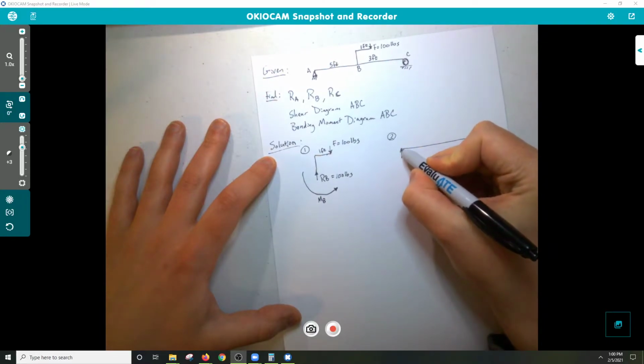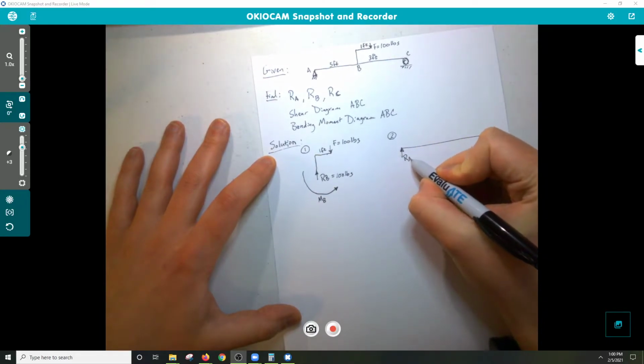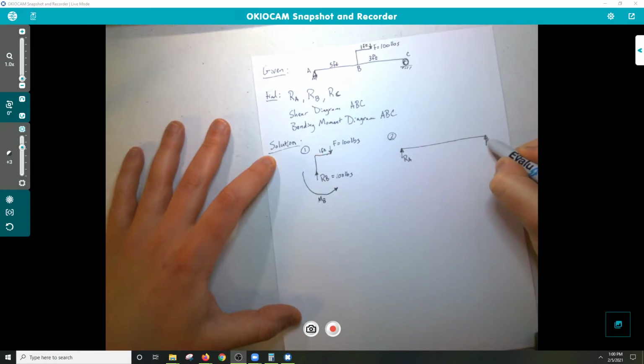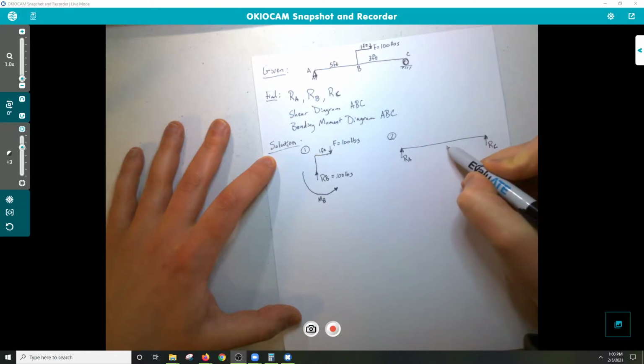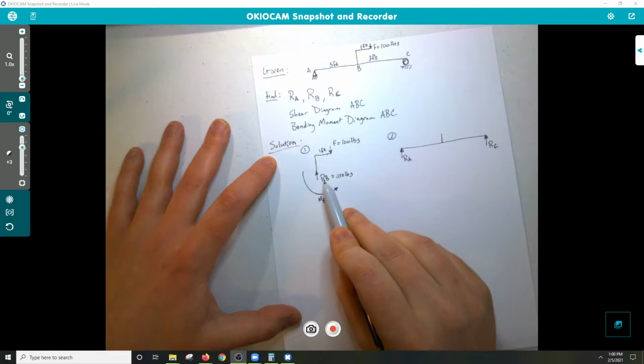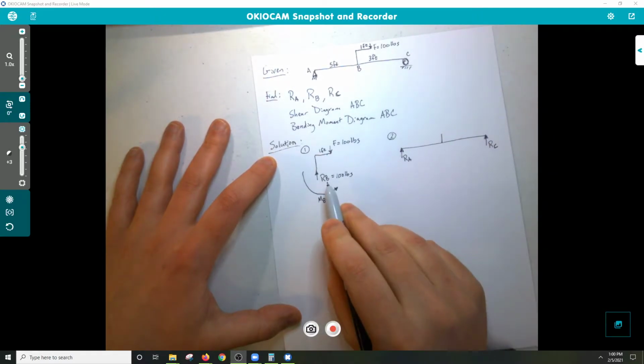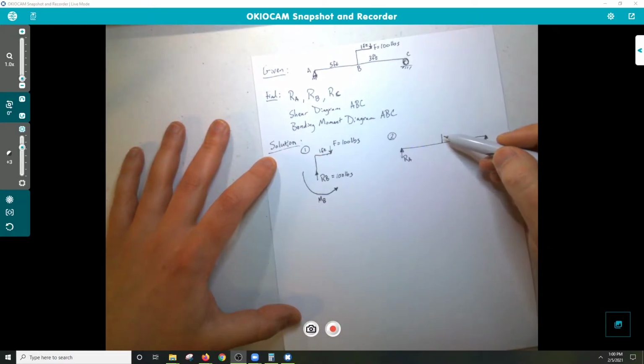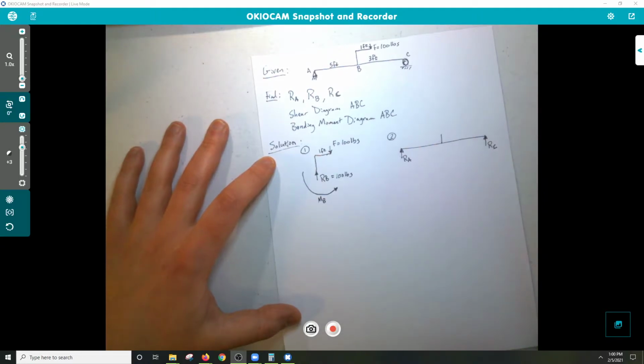So we have reaction at A, a reaction at C, as again, I typically, if you're unsure of which direction to point the arrow, I would always point it up.